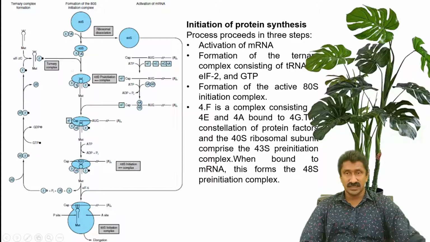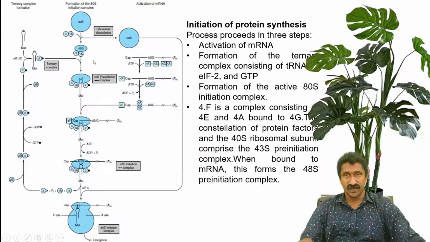This is the pre-initiation complex, and it is not actually 40S. We will see it in some of the other slides. The sedimentation coefficient will increase by binding of the additional factors and tRNAs, so usually it reaches 43S. So this was 40S, and after binding of these initiation factors and tRNA, it becomes the 43S pre-initiation complex.